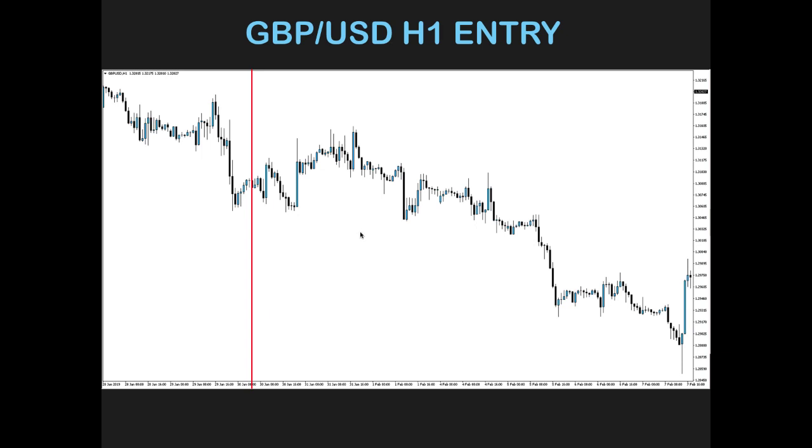So where do you see equal lows after this line? Your eye should go basically right over here. We can see a low that's formed here, and then this low and this low, relatively the same. These are equal lows, and then you can see that price shifts rather aggressively through those lows here.